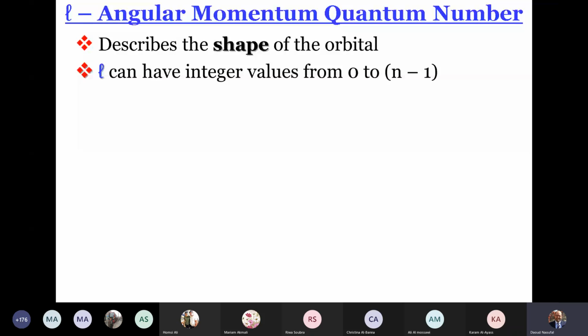What is the meaning of this coordinate L? Suppose I locate an electron in level 1, so at level n equal 1. What is the possible value of L? The possible value of L is between 0 and 1 minus 1, so the possible value of L is 0.